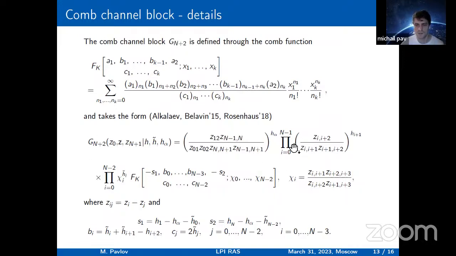It consists of two pieces. The first one is some prefactor, which is a function of coordinates, and the second piece is the comb function, which is given here. This is some sort of hypergeometric function of k variables, and if k is 1, this is just the usual hypergeometric function 2F1.